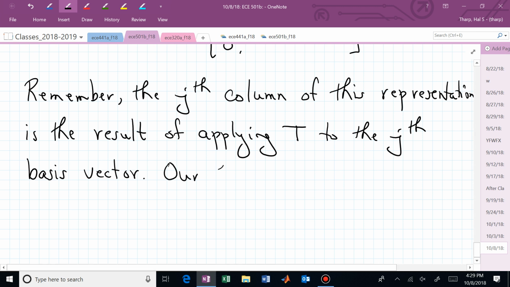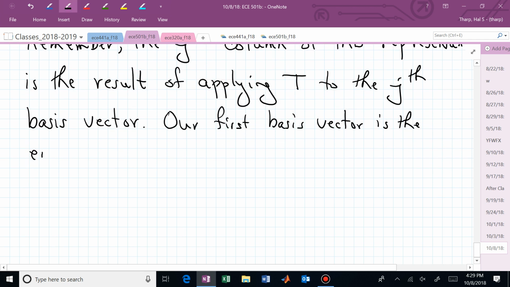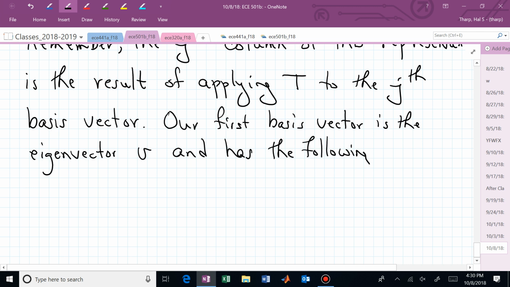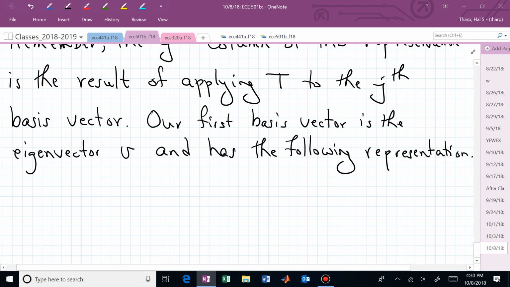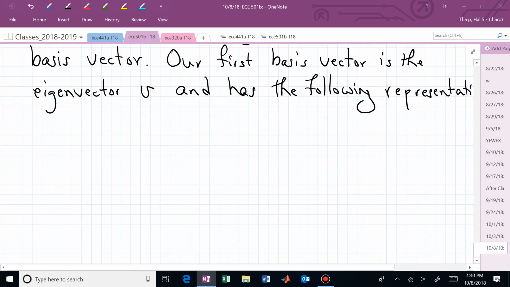Our first basis vector in fact is the eigenvector V, and has the following representation in terms of the basis vectors.